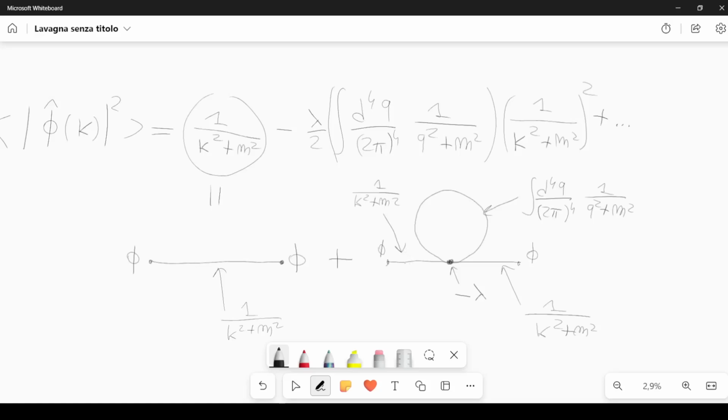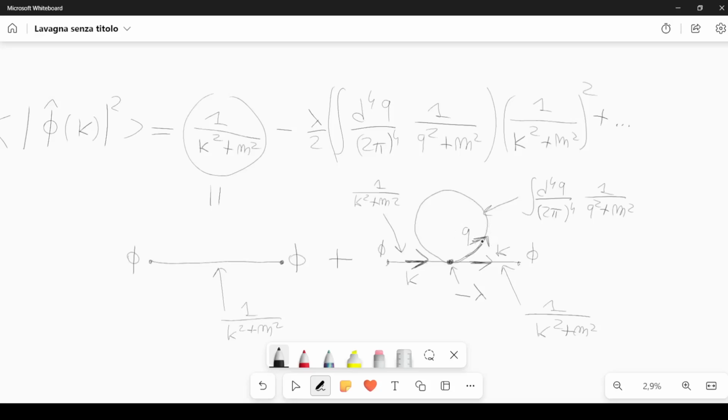For example, here you can simply say that you have momentum k. Due to the conservation of momentum here, you have to have k, and inside the loop, in principle, you can have any kind of momentum that we can call q, which is not determined by momentum conservation, because you can see that this q exits the vertex here.